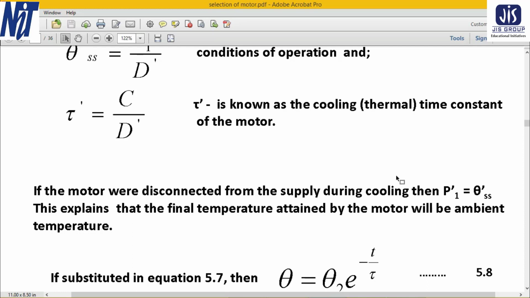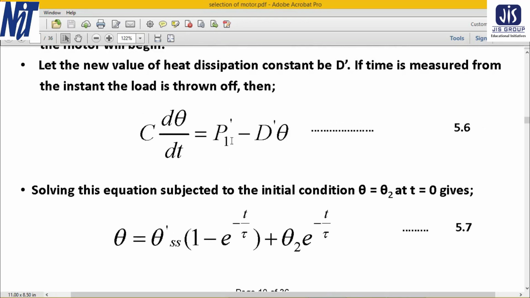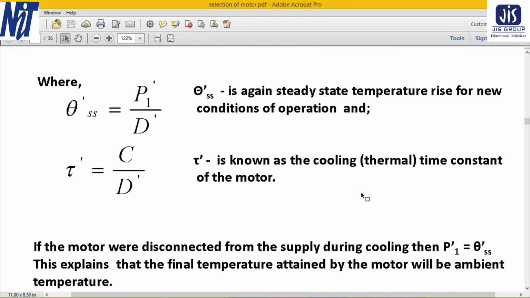If we put in this equation C d theta by dt equals P1 dash minus d dash theta, this P1 dash will become theta ss dash, because d dash will become 1, and both this P1 dash and theta 1 dash will also become 0, because what is my P1 or P1 dash?